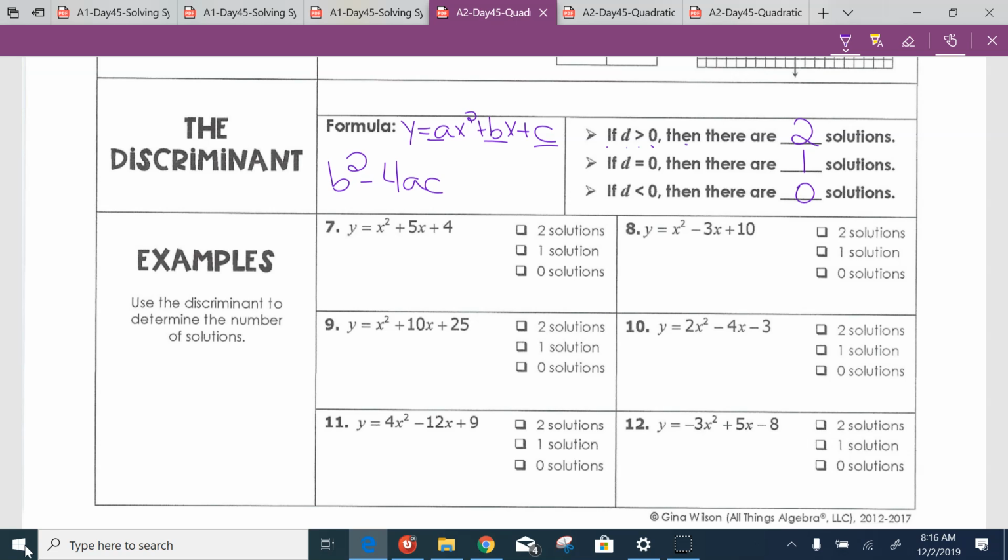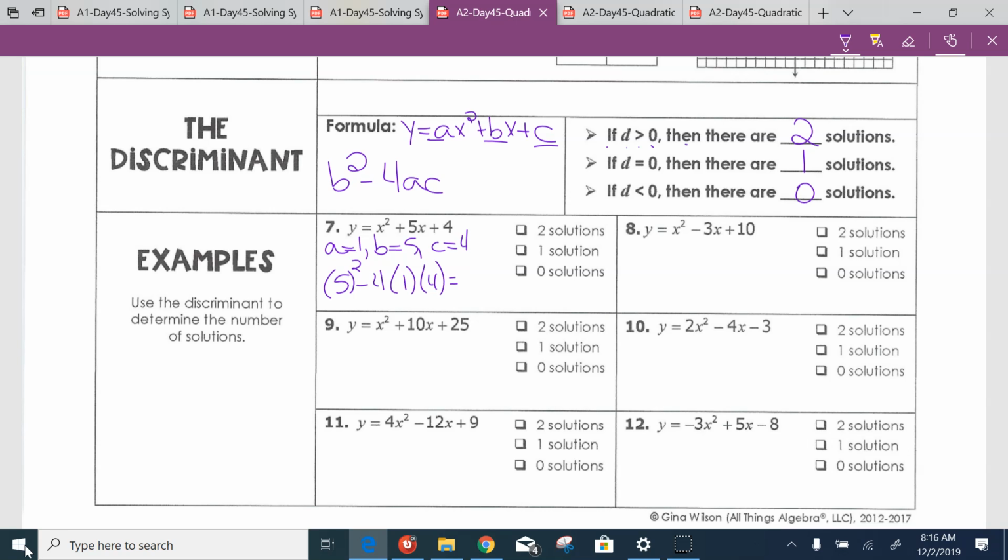So let's go ahead and practice how the discriminant is used in some examples below. So for number 7, our a value is the 1 for 1x squared, our b is the 5 for 5x, and our c is positive 4. b squared is going to be 5 squared minus 4 times our a value, which is 1, times our c value, which is 4.